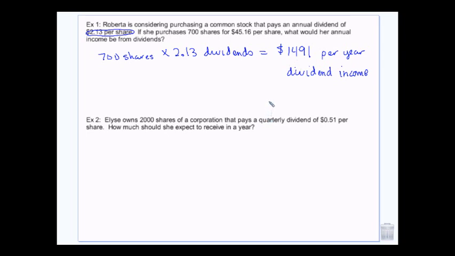And like I said, companies can decide quarterly, semi-annually, annually, not at all. Okay. Elsie owns 200 shares of a corporation that pays a quarterly dividend of 51 cents per share. How much would she receive in a year? Quarterly is 4 times per year.